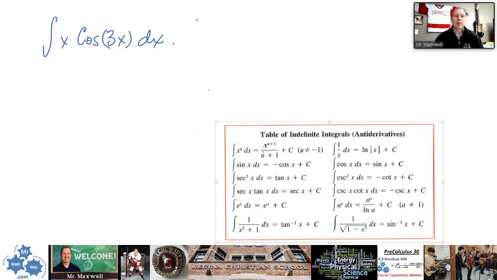So if u equals 3x, du equals 3 dx. Well, I could put a 3 in there and put a 1/3 out here, but I've got this pesky function. I've got a multiplication of an x term. That's no good. I can't just whip up an x like that. So this is not a good candidate for u substitution.